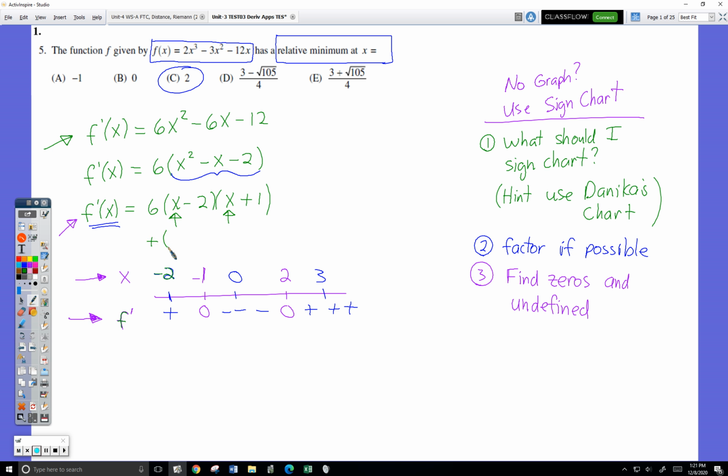That positive is going to get multiplied by, you tell me, Zach, would this be a positive or negative number when x is -2? So I'm going to take a positive value multiplied by a negative. And then multiply by the next one also, which would be negative. So negative times negative times another positive is positive. So that's why this is positive. Okay, and you just do that with the others. Does that make sense? Yeah.